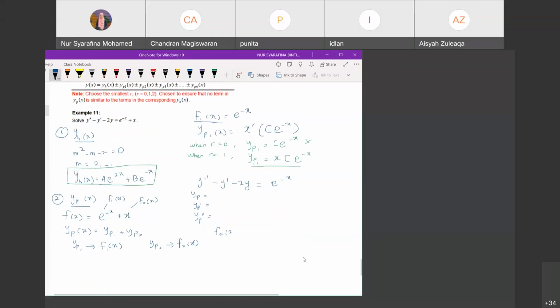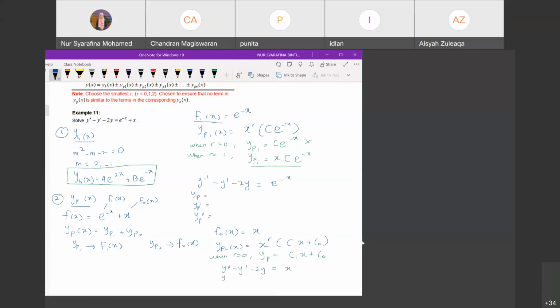Now let's find yp2. If your f2 equals x, then your yp2 equals x to the power of r, with n equals 1, so c1x plus c0. Then again, check. When r equals 0, yp equals c1x plus c0. No similar term, so just proceed with this, matching with the differential equation equals x.